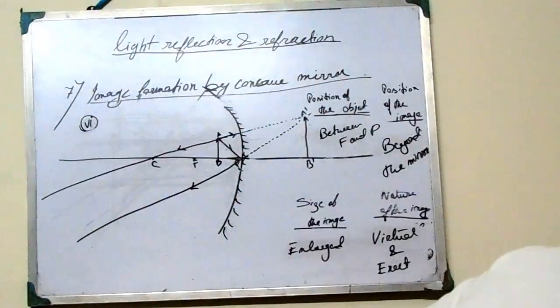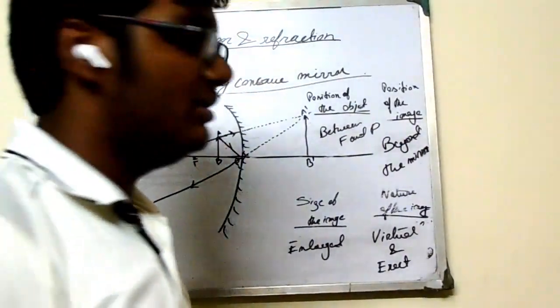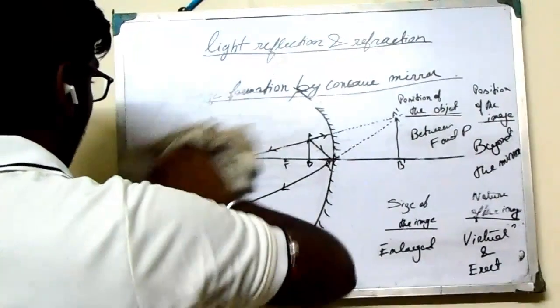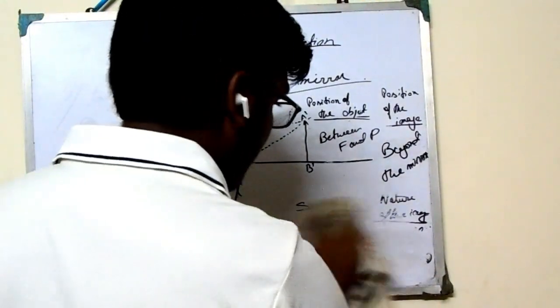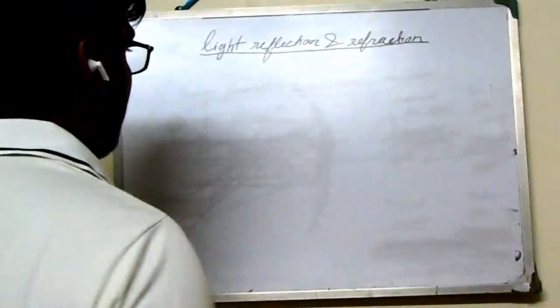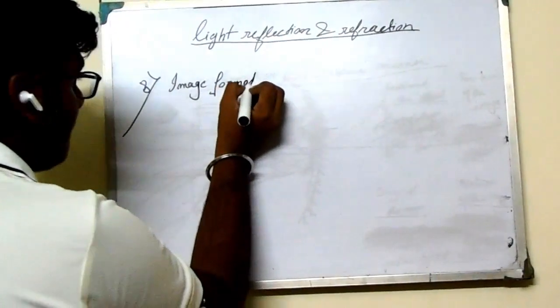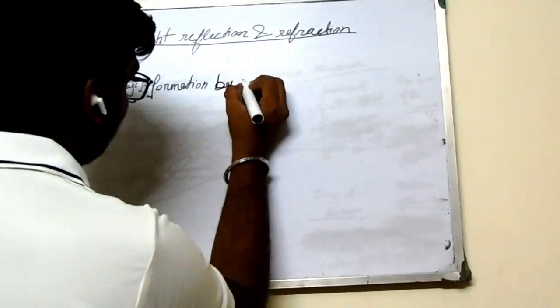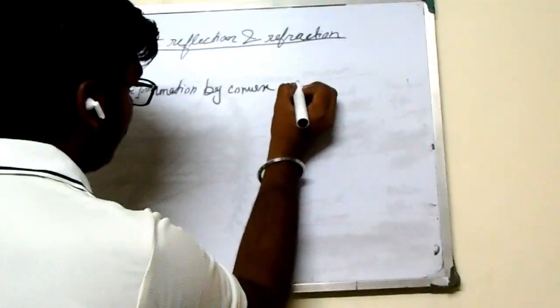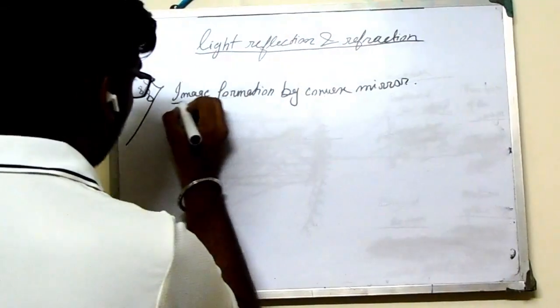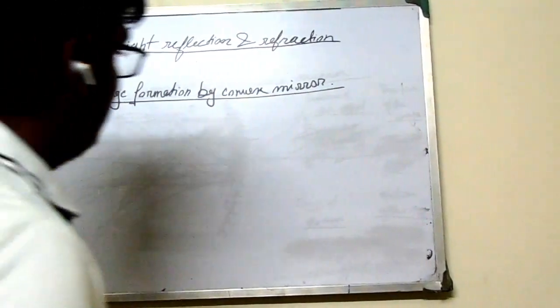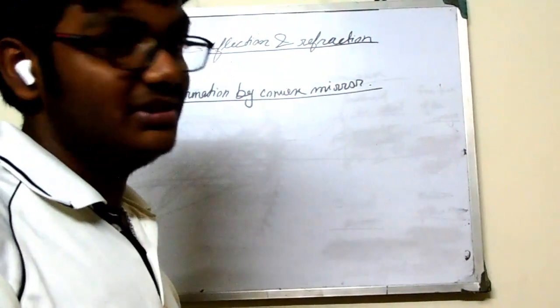Now we will go to the image formation by convex mirror. I think gradually my handwriting is developing. I hope so.